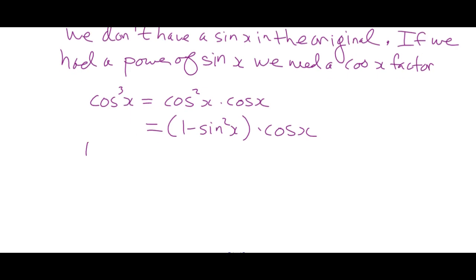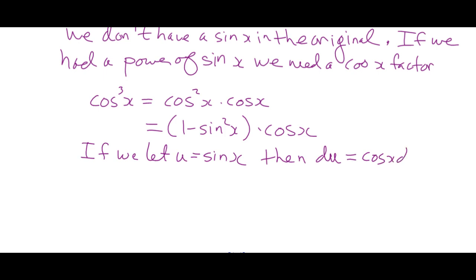So if we let u equal sine x, then du is equal to cos x dx. So let's go back to the original. The original was the integral of cos cubed x dx.